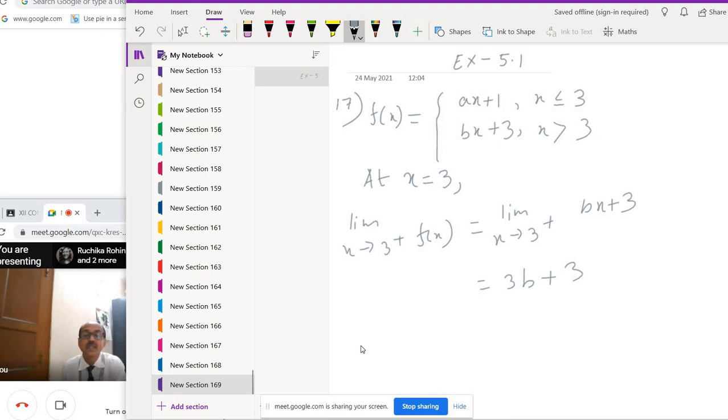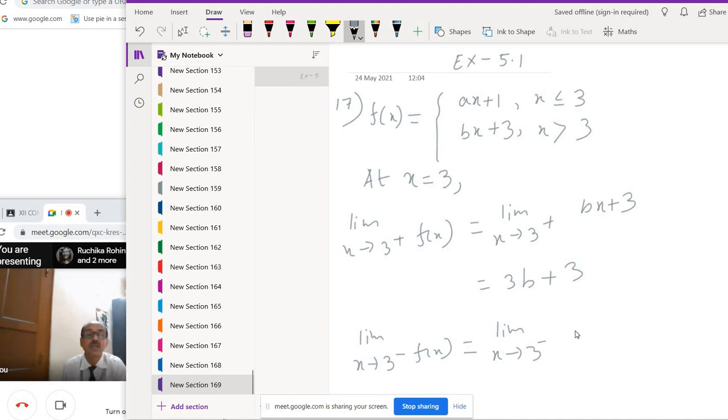Now the left hand limit: the limit as x tends to 3 minus of f(x). When x tends to 3 minus, that is less than 3, the function is ax plus 1.